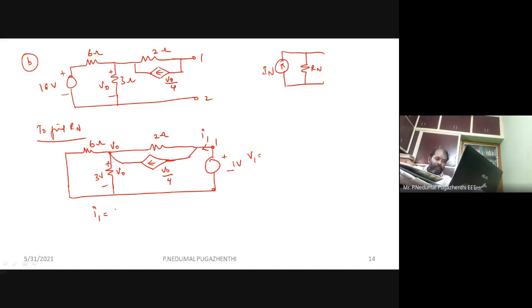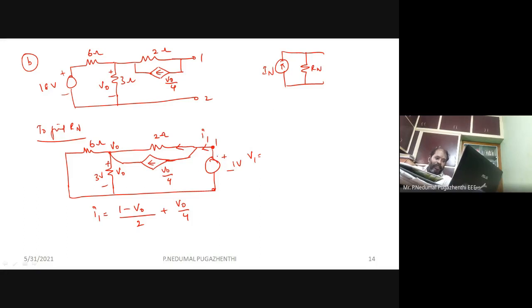So I will write I1 is equal to (1 minus V0) divided by 2, plus V0 by 4, because at this terminal the value is 1 volt, since 1 volt is applied. I hope that you understand it. The current passing through this and the current passing through the current source will give me my I1.